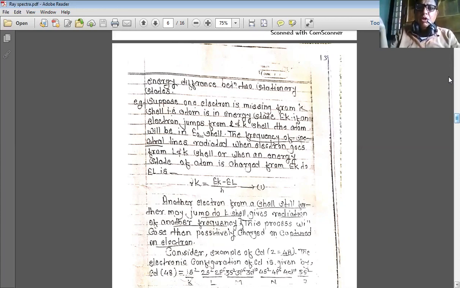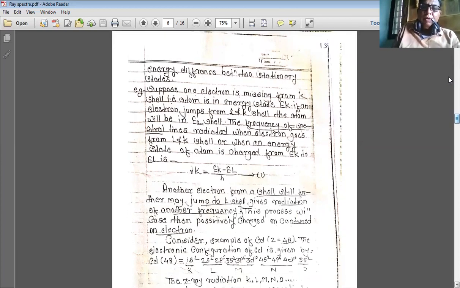The frequency of the spectral line radiated when an electron goes from L to K, or when the energy state of the atom changes from Ek to El, is denoted by alpha, and nu K alpha is equal to Ek minus El divided by h. This is equation number 1.